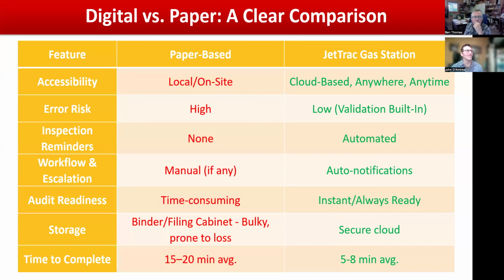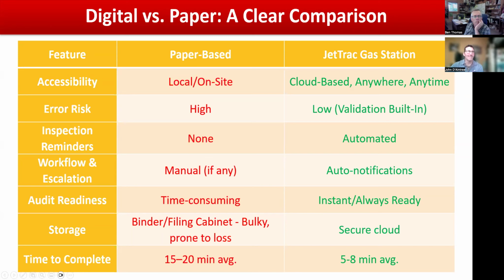Same thing with those escalations. If there is a deficiency, how do we let somebody know about that deficiency and get it repaired? With a paper system, you've got to do that manually somehow. With the digital solution, you can set it up so that the person that needs to do that repair is notified automatically.